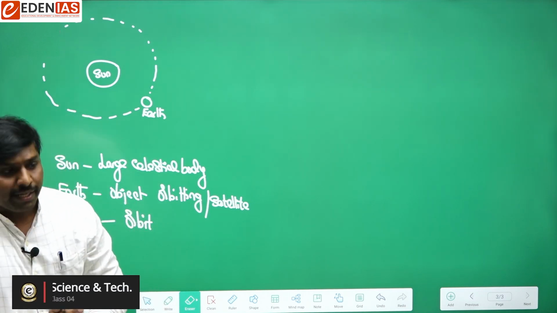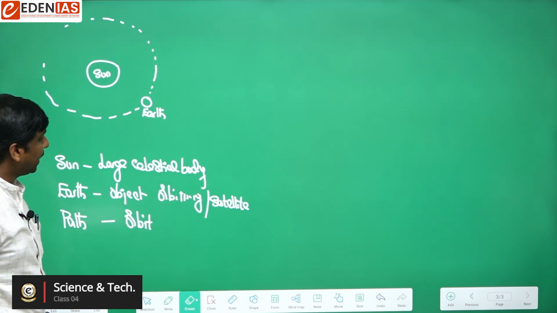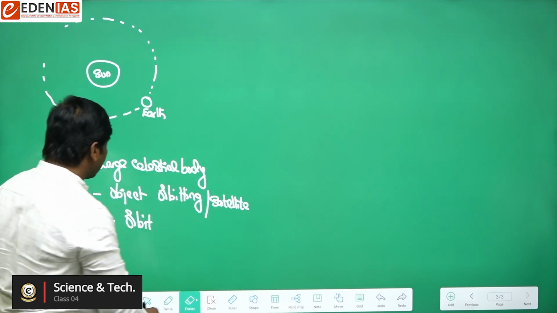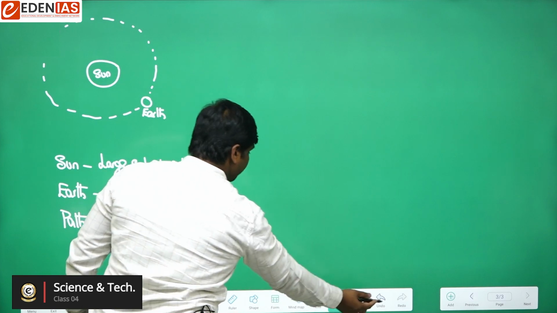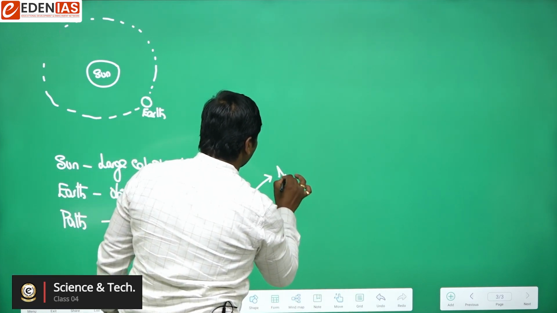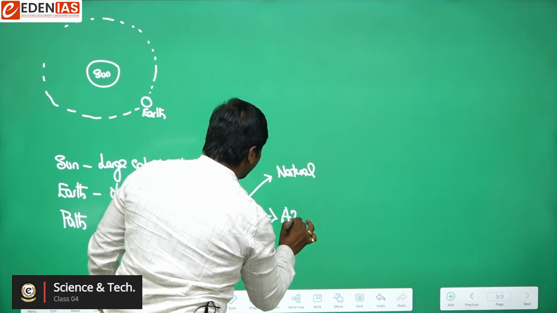Now, this satellite can be a natural satellite, or it can be an artificial satellite.